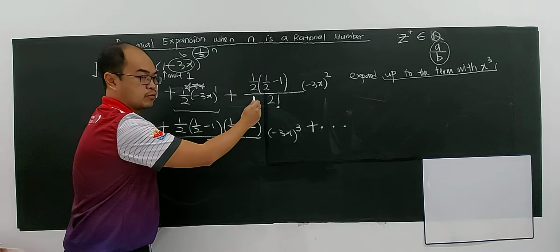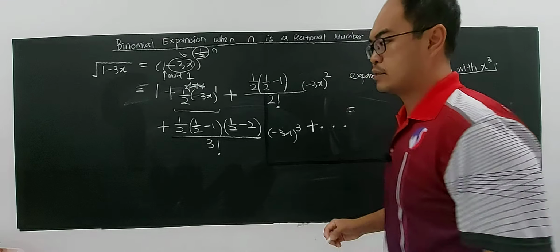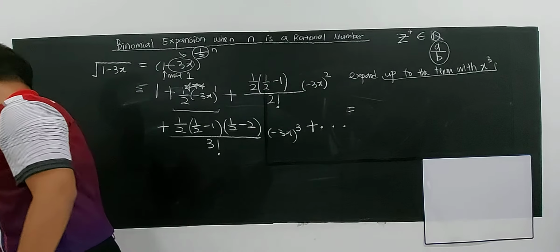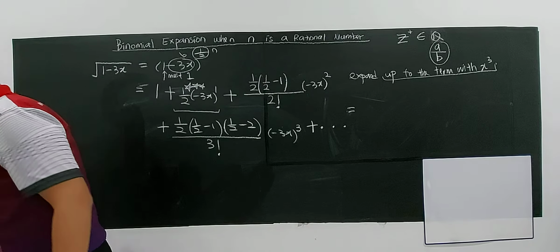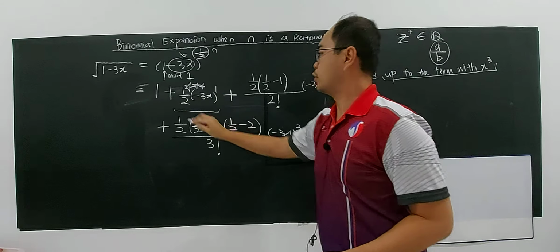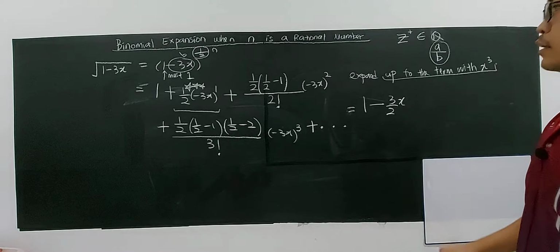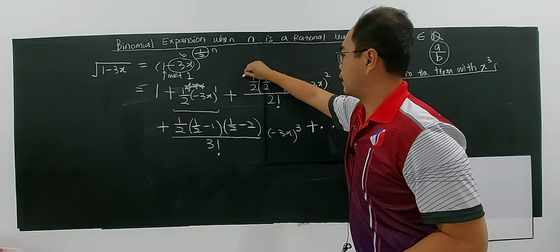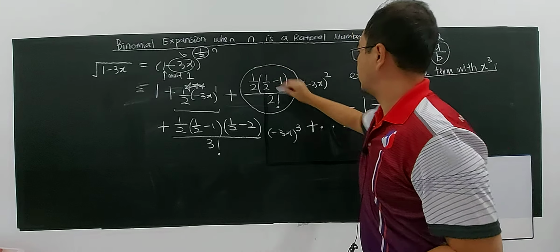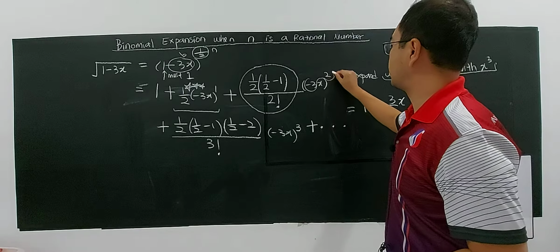So now this is the case. How to evaluate this? This is something that students think is very ridiculous when they want to use a calculator. It's very tiring. Okay, let's see. I'm going to teach you how to use the calculator for these cases. Of course, this will be easy. The first one, 1. 1 minus 3 over 2x. Okay, now for this case, this one is negative 3 to the power of 2.